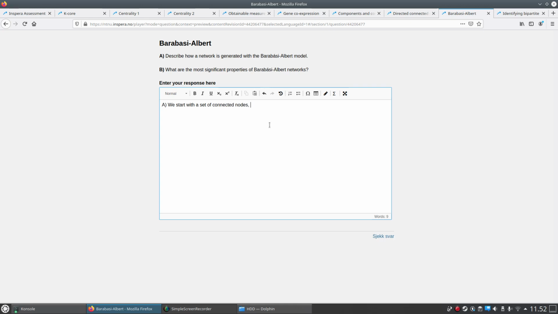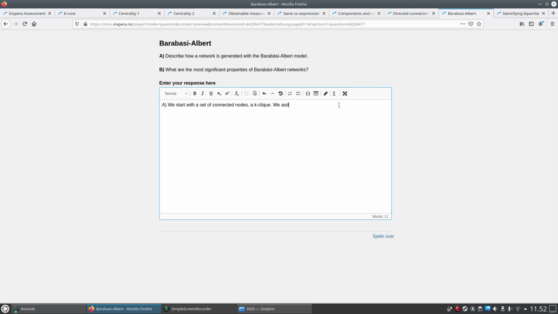We can call it just a k-clique. You can start with more than k. You can start with whatever you want, but you typically need to start with at least a k-clique, where k is actually a parameter of the Barabasi-Albert model.